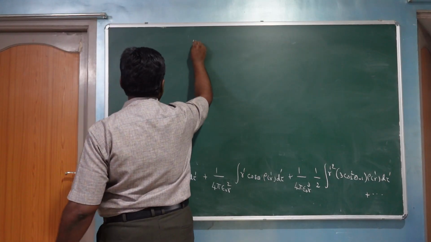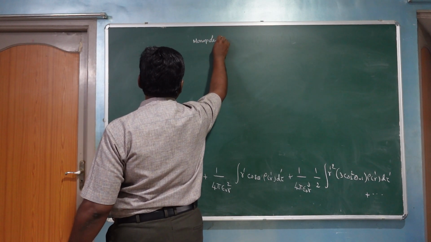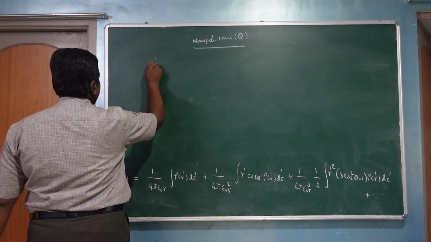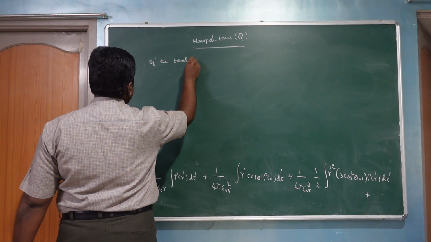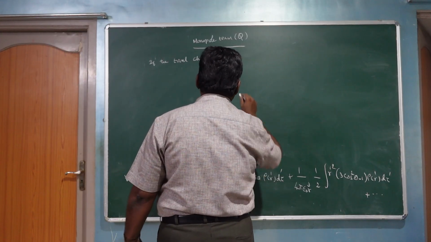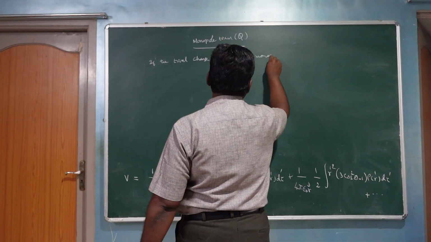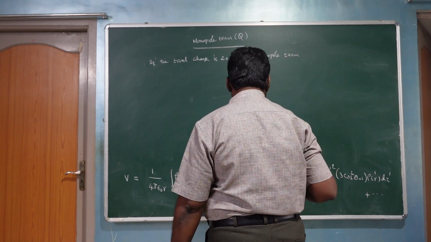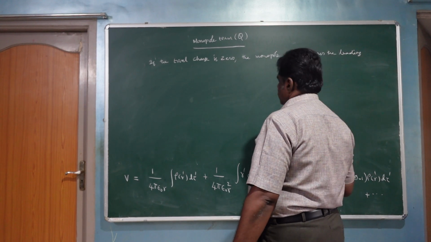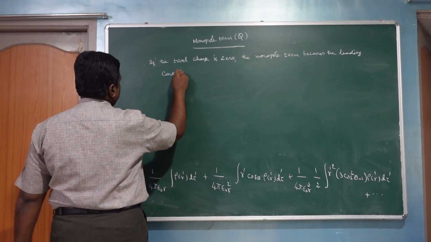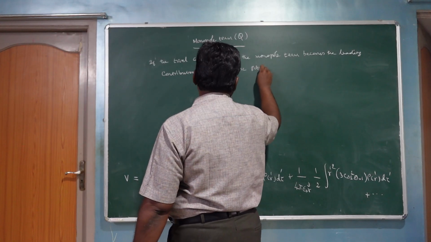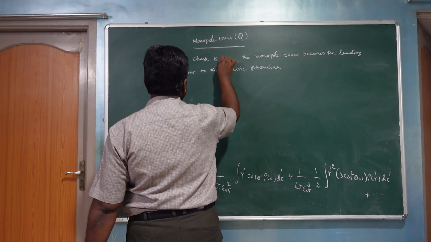Monopole term is given by the letter capital Q. If the total charge is 0, the monopole term becomes zero, and the dipole term becomes the leading contributor to the electric potential. Otherwise, the monopole term is non-zero.